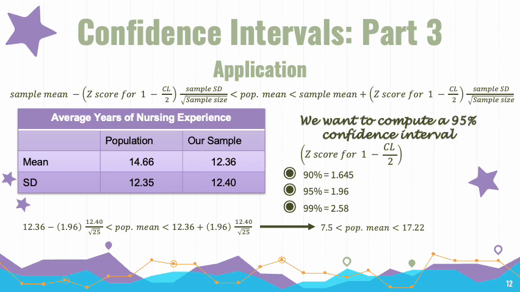And just to show that this does work, if we look back at our population, 14.66 years, hey, it does fall within that 95% confidence level that we wanted. So our 95% confidence level gives us a confidence interval of 7.5 to 17.22 years experience.